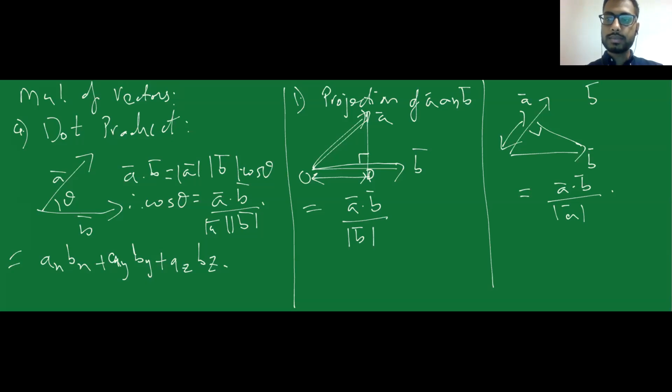So this is nothing but projection of B bar on A bar. So if I am saying projection of A bar on B bar, then magnitude of B bar is going to be in the denominator. If I am saying projection of B bar on A bar, magnitude of A is going to be in the denominator.